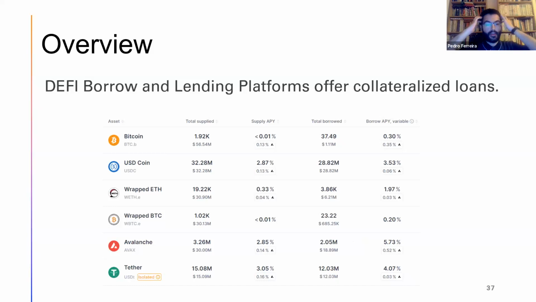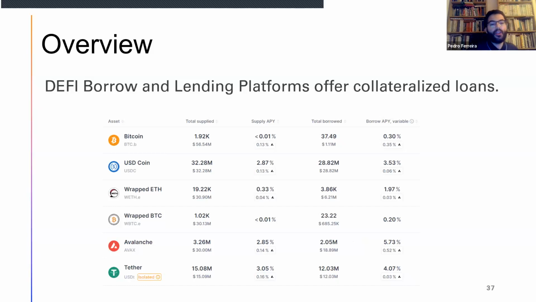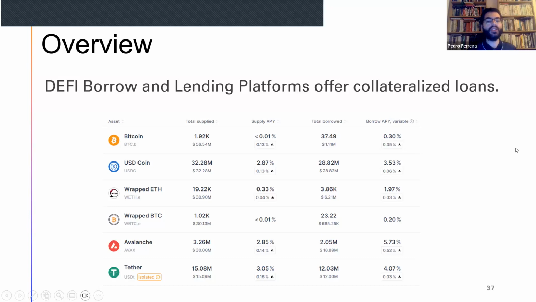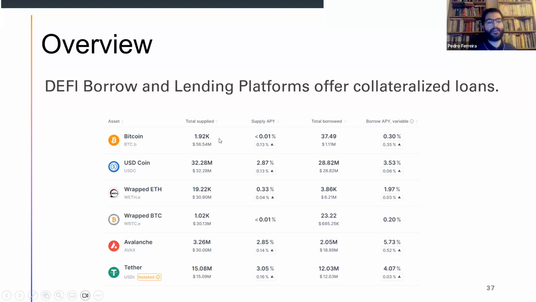Here is an overview of how this works. This is an overview of the project. Basically, here you have Aave, which is a protocol that allows you to borrow and lend. You have the supply here, the amount supplied by all the users.